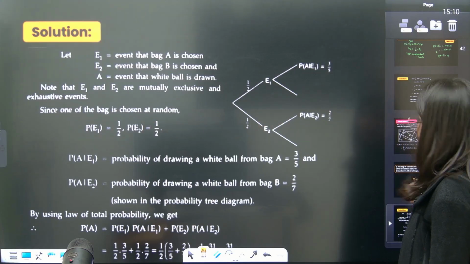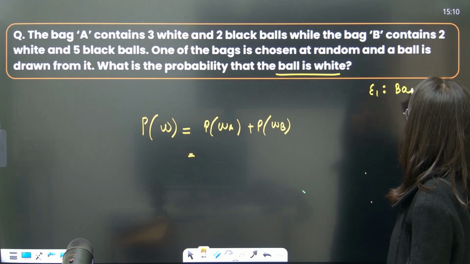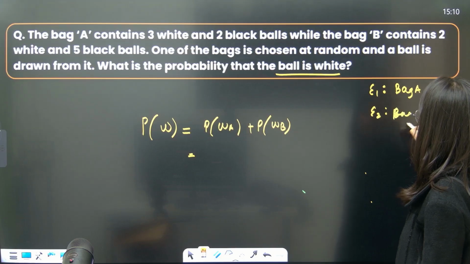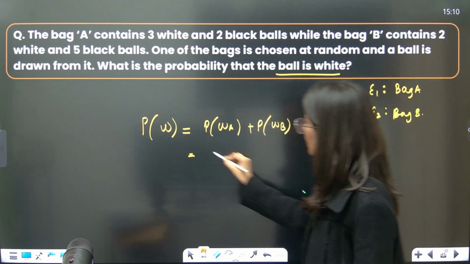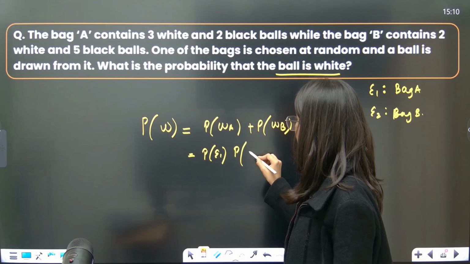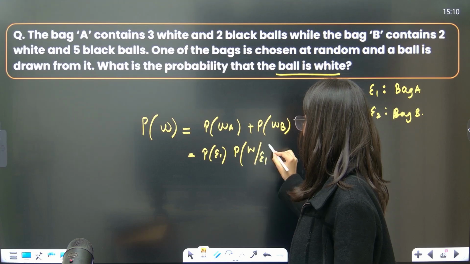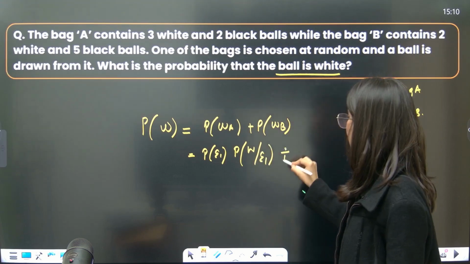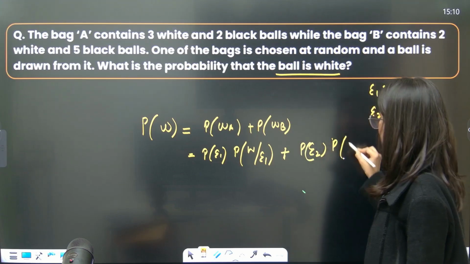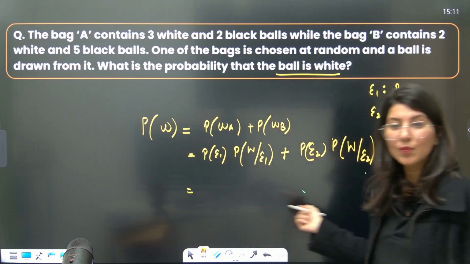First of all, E1 will be choosing bag A. E2 will be choosing bag B. So this is the probability of choosing bag A, and the probability of getting a white ball given that it is coming from bag A, plus the probability of E2 and the probability of getting a white ball from bag B. This is how you write. This is the total probability.